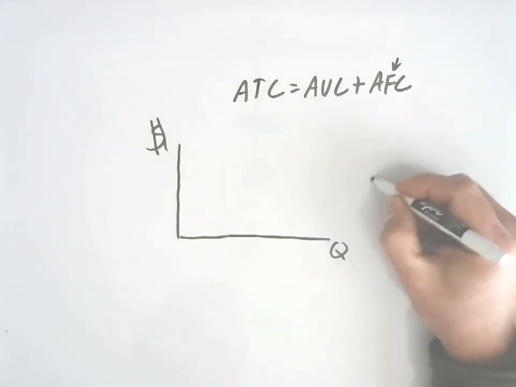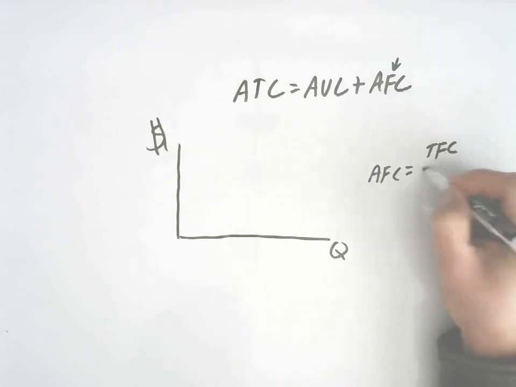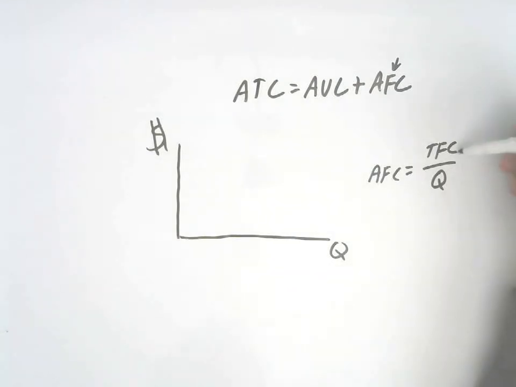Mathematically, as we just stated, average fixed cost equals total fixed cost divided by Q. Total fixed cost is not a function of Q, so it's just a constant. So you have a constant divided by a variable. What does that look like?